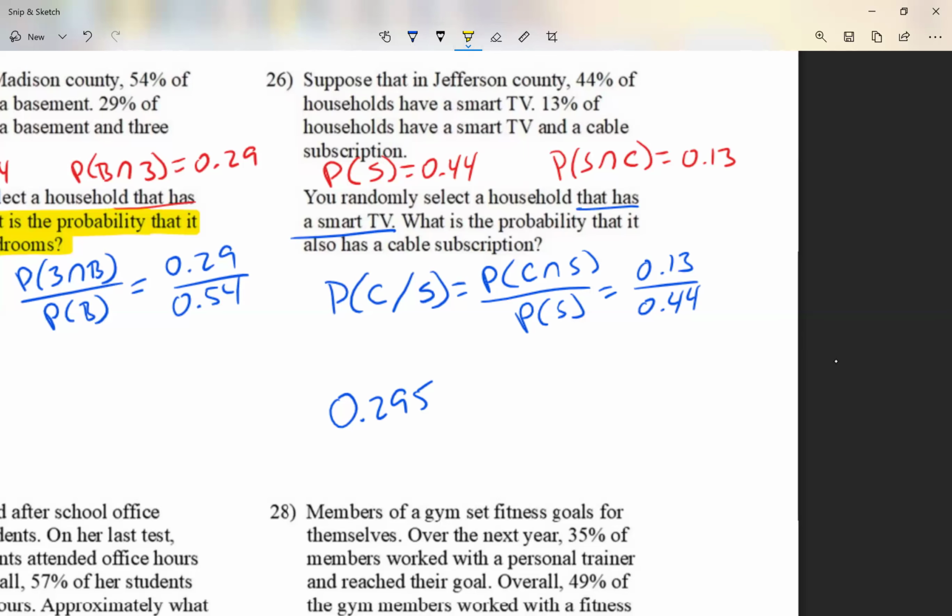I read my question: what is the probability? So I need to leave it as a decimal. I look at my third decimal number. 5 is big, so it's going to push my 9 over. But 9 is the biggest that it can be, so my 9 ends up pushing the 2 over. So my answer is 0.30 or 0.3.